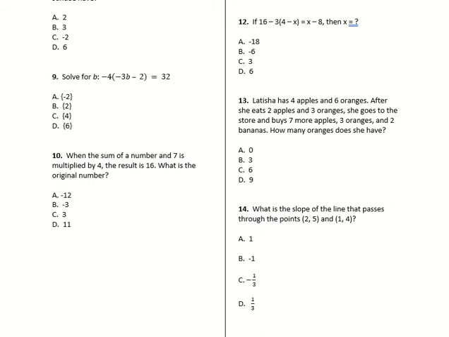Number 10. When the sum of a number and 7 is multiplied by 4, the result is 16. What is the original number? A, negative 12, B, negative 3, C, 3, D, 11.